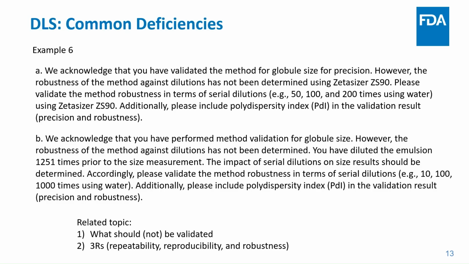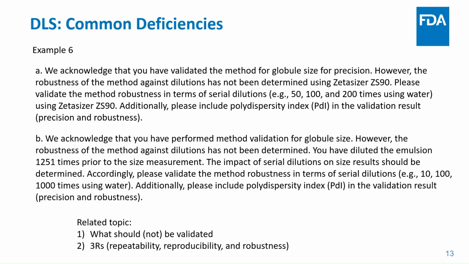And what needs to be validated? Repeatability, reproducibility, and robustness are really important. I think these are two kinds of applications, not from one application but from two, that share a very similar point. Basically we are asking them: you are using this dilution condition, but do you know if you change the dilution, does it change your size value?